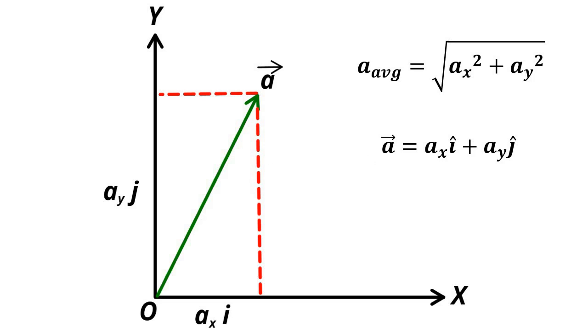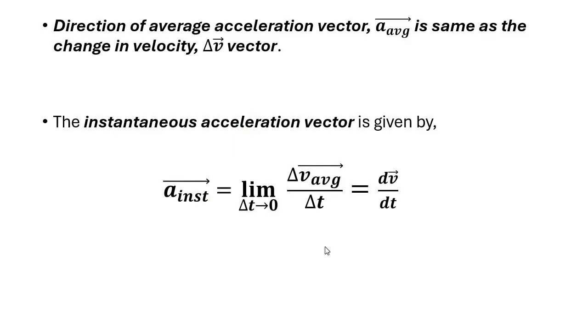Then instantaneous acceleration: it is the same as average acceleration with the limit delta t approaching 0, shrinking the time interval delta t. So it is the limit as delta t tends to 0 of the change in velocity vector divided by delta t, which is equal to dv vector by dt, the derivative of the velocity vector with respect to time.